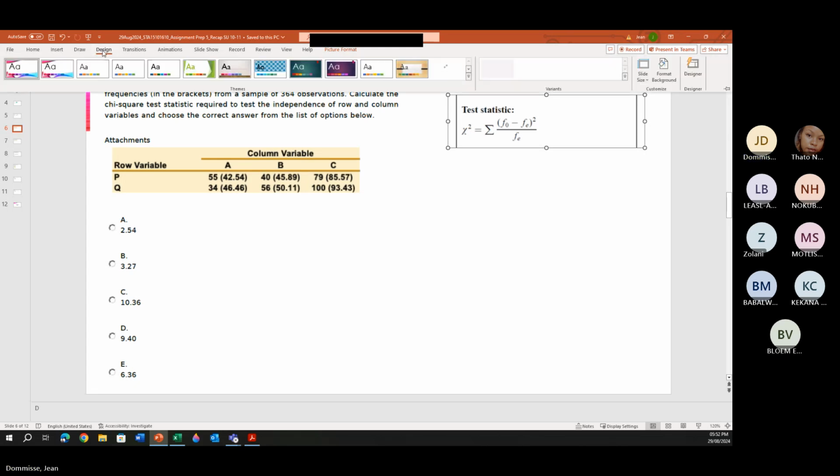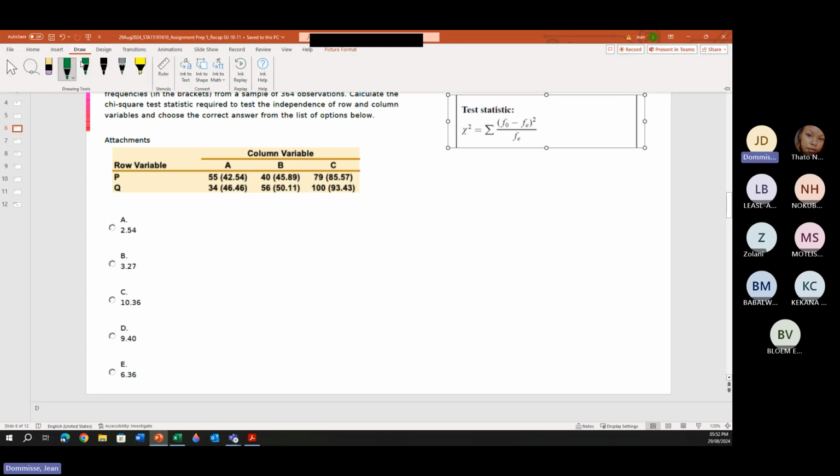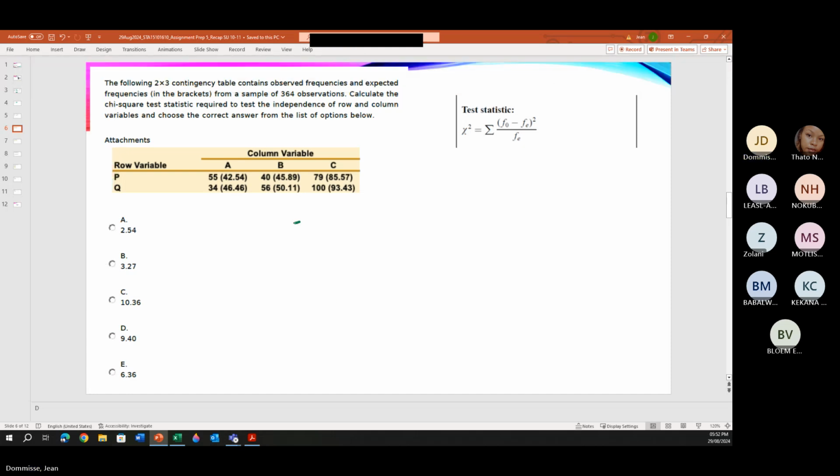What if you don't have access to Excel, then you will need to do the full process, but that's why they will give you the observed number. So they're not going to, and most likely in the exam with less time, they will not go to this level.